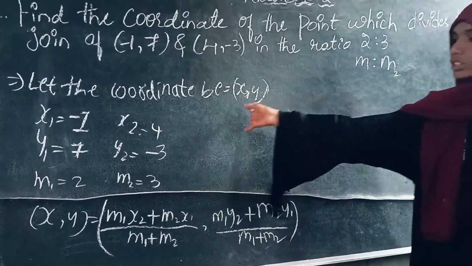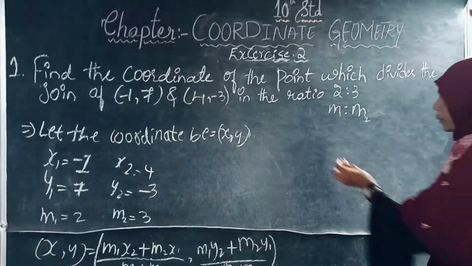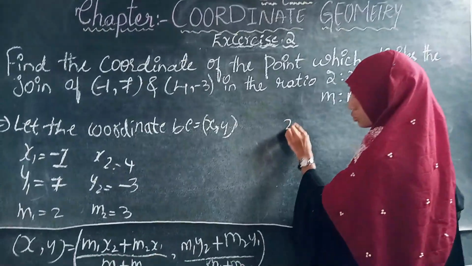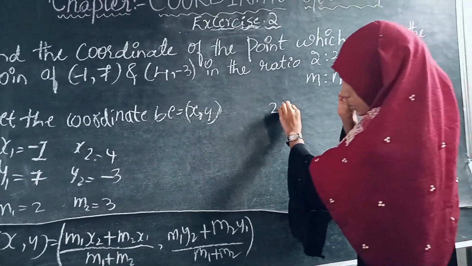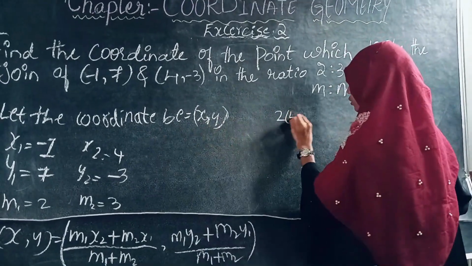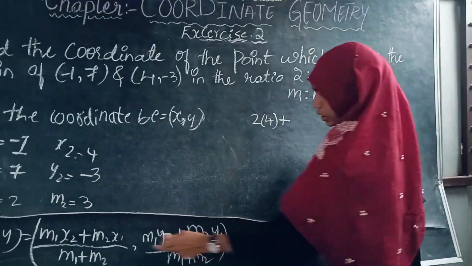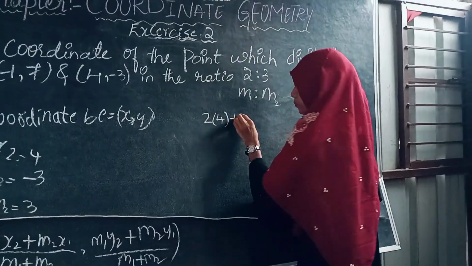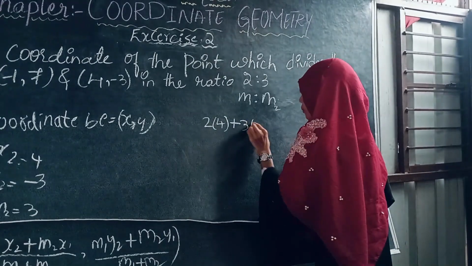We will put these values in this formula. m1 is 2 into x2 is 4 plus m2 is 3 and x1 is minus 1.